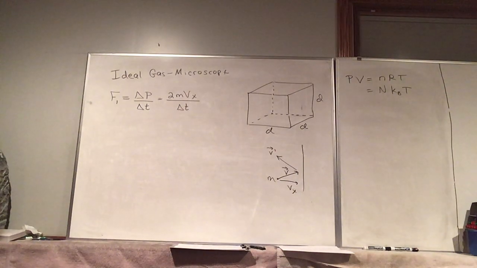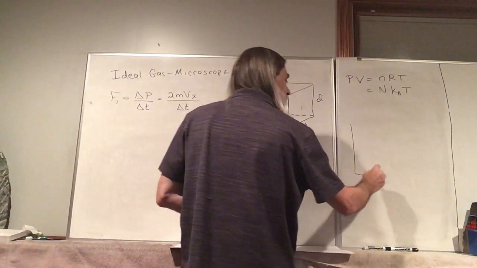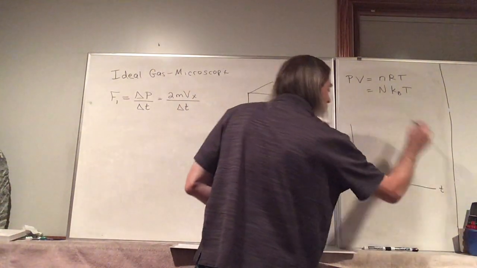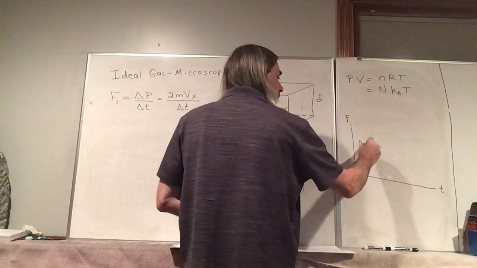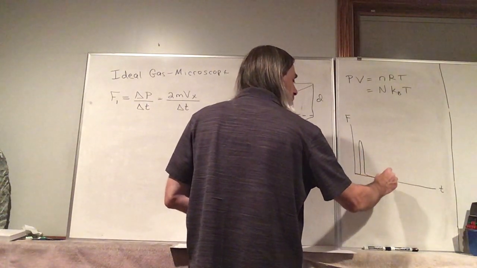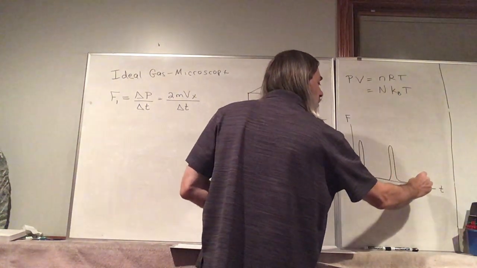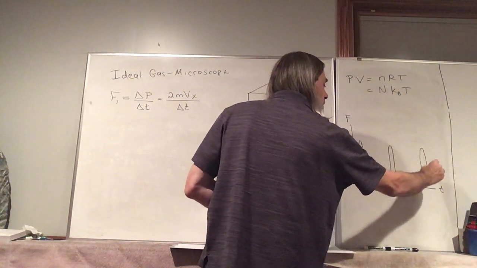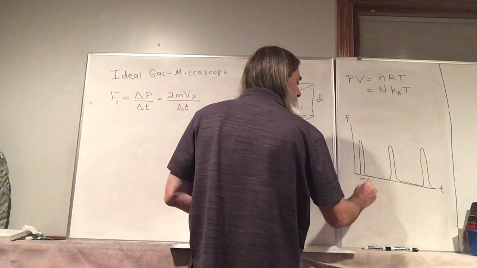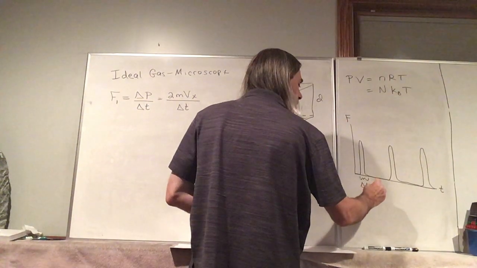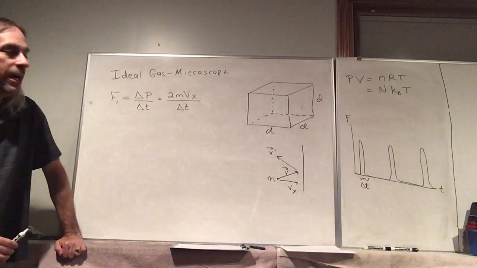Now, if we were to plot this force, I'm going to do it over here. Let's plot this force as a function of time. And we're just looking at a single particle here. And the force as a function of time might look something like this.